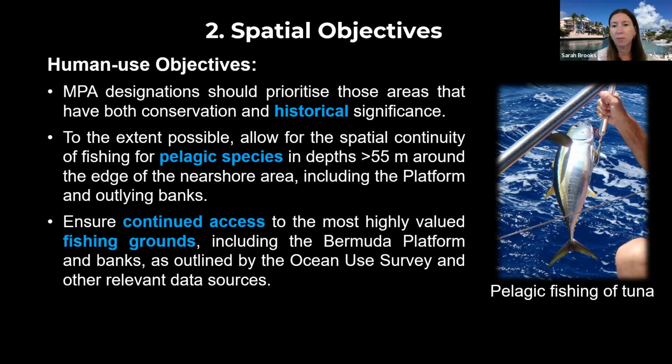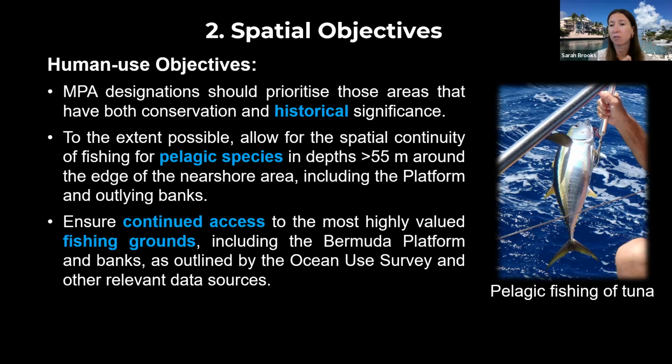We also spoke to members of the fishing community about what they wanted out of this plan. So obviously, fishing provides a livelihood for many people in Bermuda, and it's also an enjoyable pastime for many others. So we wanted to make sure the objectives considered this. So we spoke to members of the fishing community, and they told us that pelagic fishing especially is important in Bermuda.